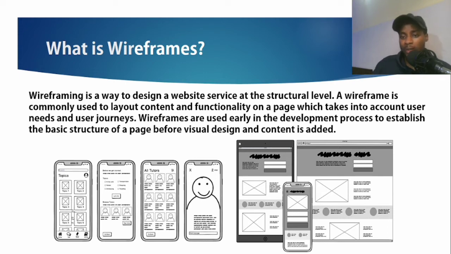Because as a UI UX designer, you need to understand what the user needs. And when you understand what the user needs, when you do your research well, you need to draft it out. If I am a user, put yourself in a user's position. We have different types of user research. There are a lot of ways in which you can do your research for your project.